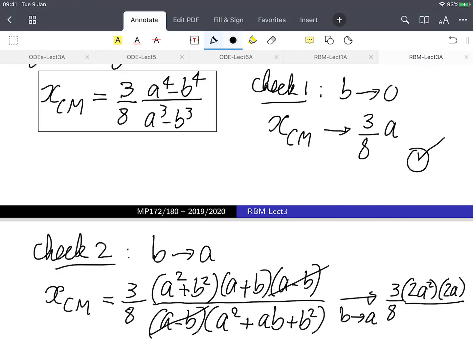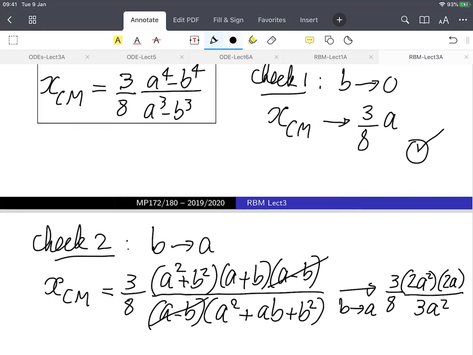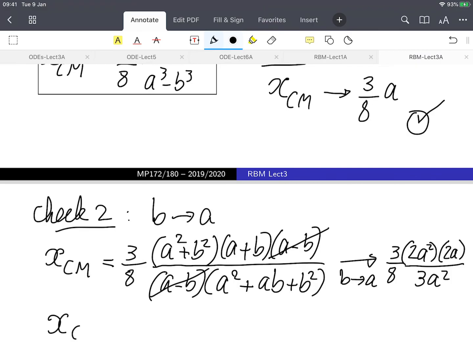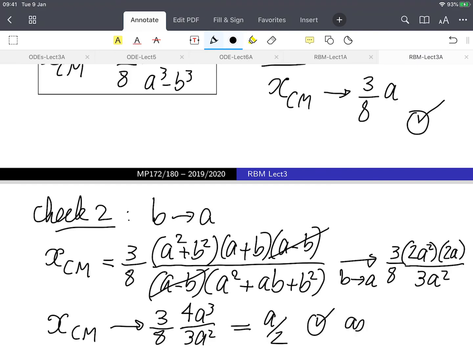Then at the bottom, it's going to be 1, 2, 3A squared. So XCM tends to 3/8 of 4A cubed over 3A squared. And the 3 simplifies, that's just A over 2. Yes, as expected, from the previous lecture.